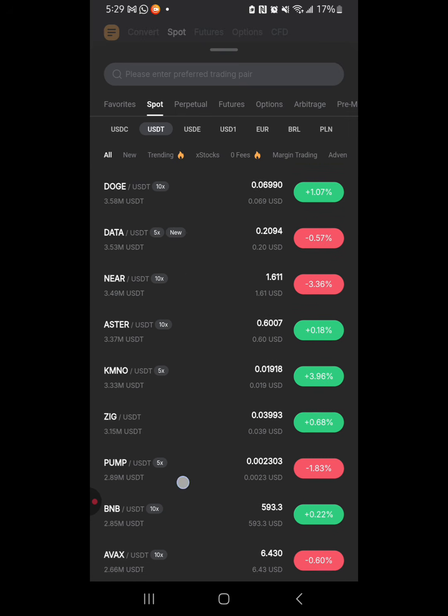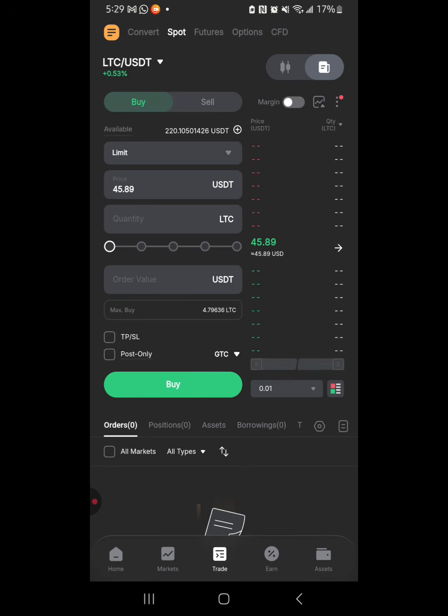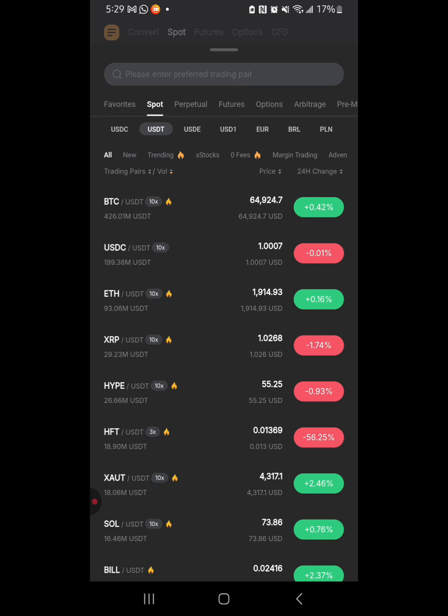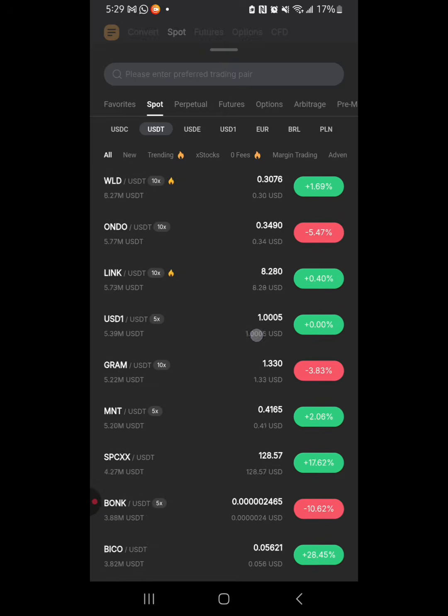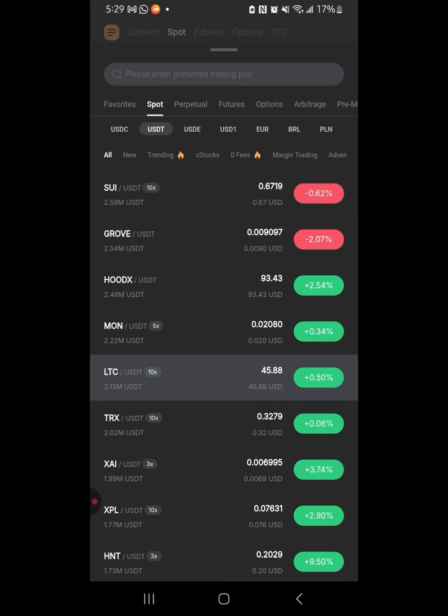If I scroll down, we have a couple of them that are in the millions, but this one called LTC actually caught my attention. It's trading at 45.88, very decent, and the volume there was quite okay. If you look at it, you're going to realize that it had over 2.1 million.